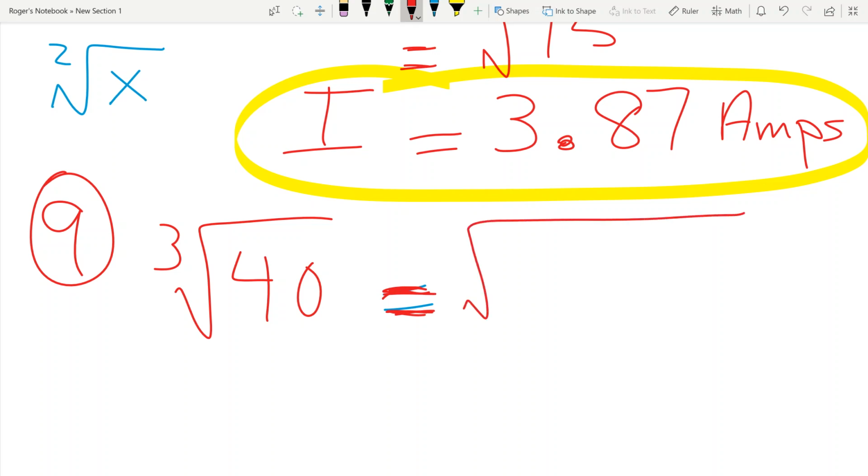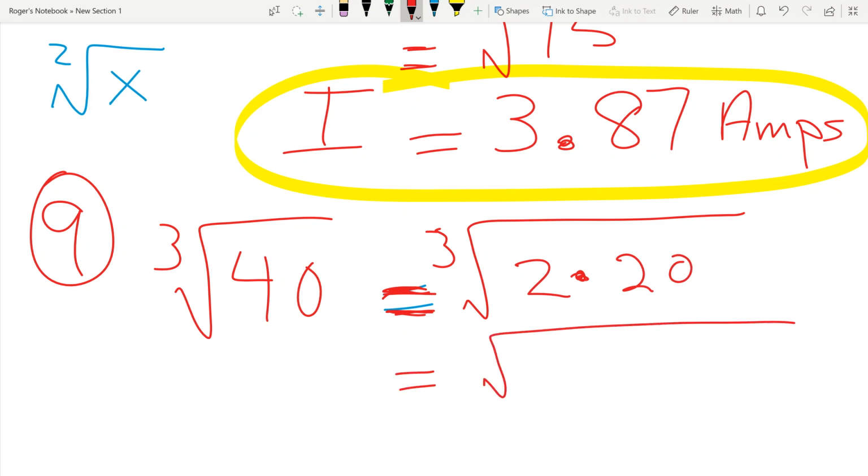Well, first off, we're going to look at the prime factorization of 40. 40 is 2 times 20. And that, in turn, is the cube root of 2 times 2 times 10.